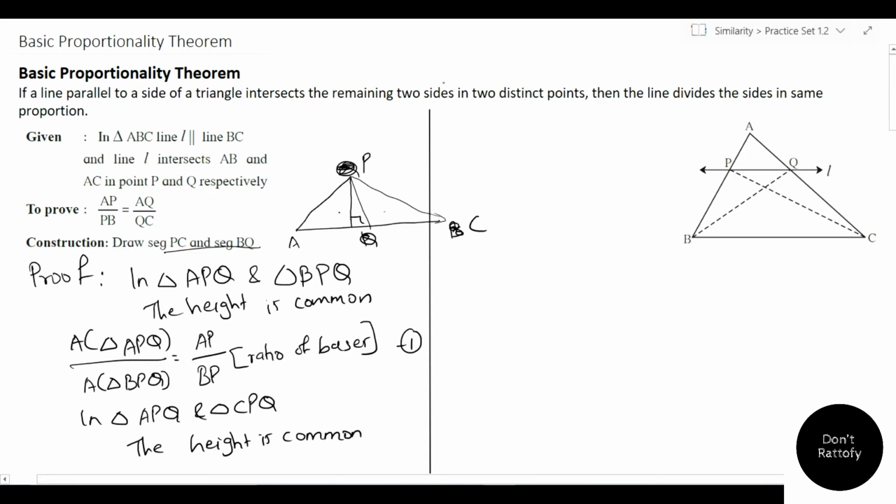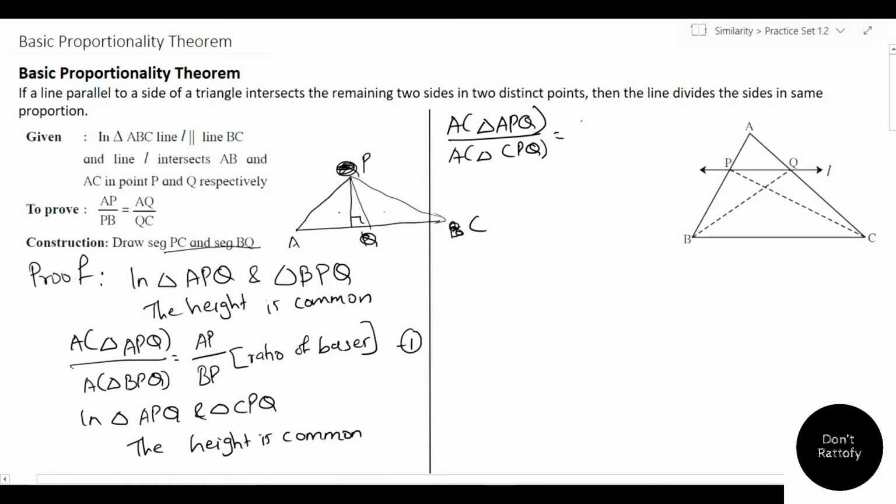If the height is common, what if the height is common, the ratio of the areas is equal to the ratio of the corresponding bases, right? So area of triangle APQ upon area of triangle CPQ is equal to the ratio of their corresponding bases.